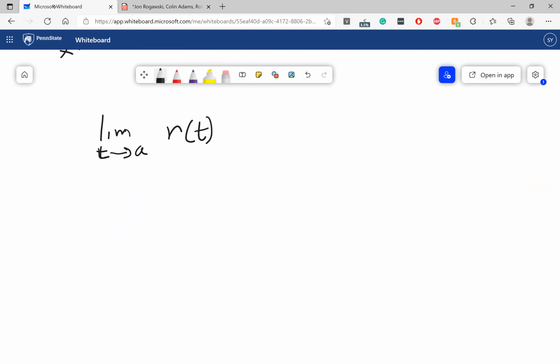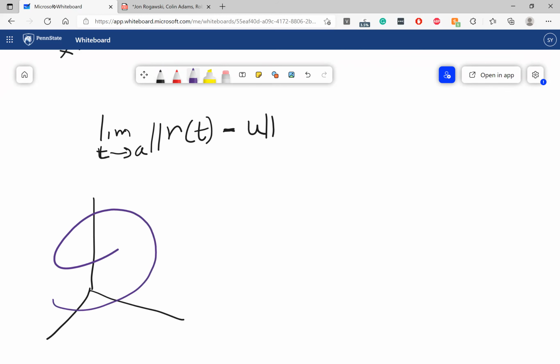So you take the limit as t goes to a of the magnitude of R of t minus, let's say, some vector u. So again, this R of t is some curve. So here's your curve. And let's say that this is your vector u right over here. And as I take t closer and closer to a, let's say my vector is getting closer and closer to u.